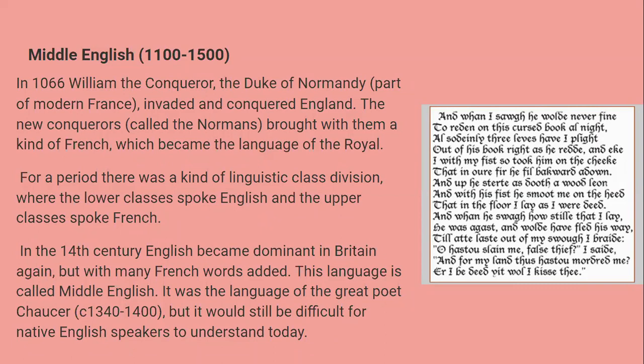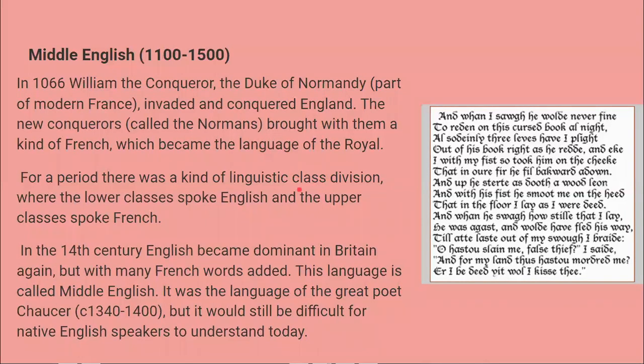Obviously we can see this class division between the lower classes and the upper classes. French has always been seen as a language of rich people, and in this case it's because of the Norman conquest.